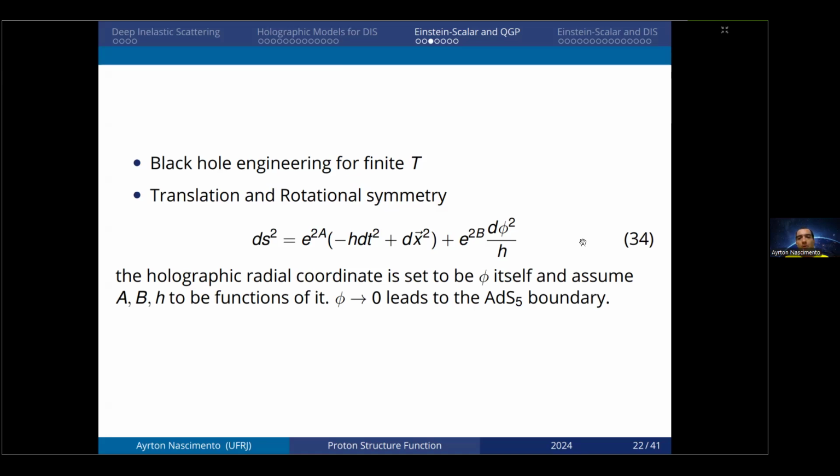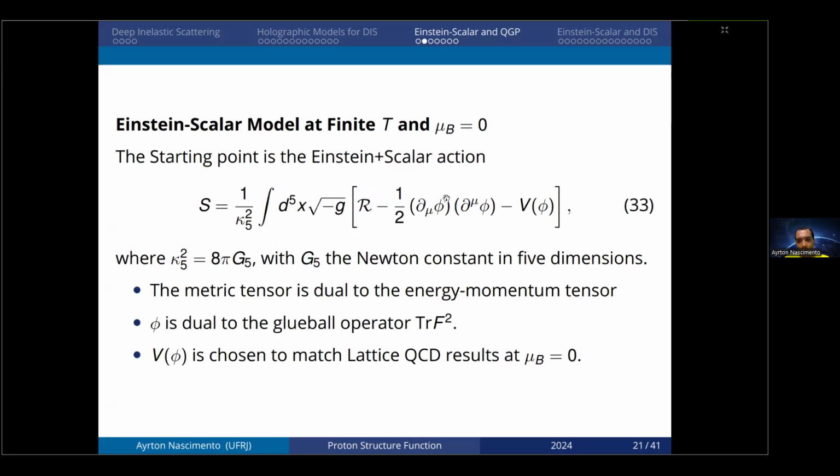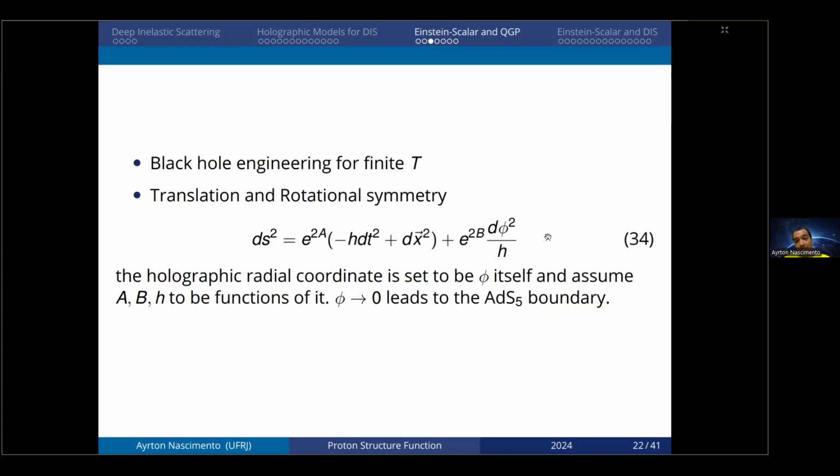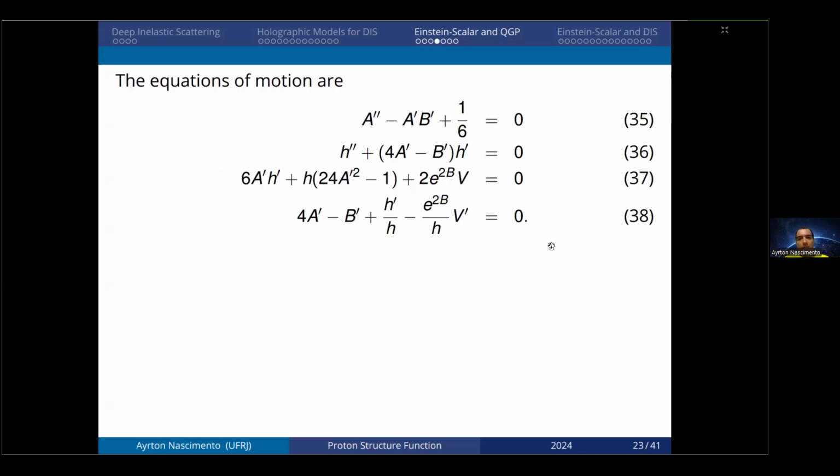The functions A and B over here are not defined yet. The whole program of this problem is just to solve the equations of motion of this action 33 with this space-time, and you get equations of motion like these ones for A and B and everything.